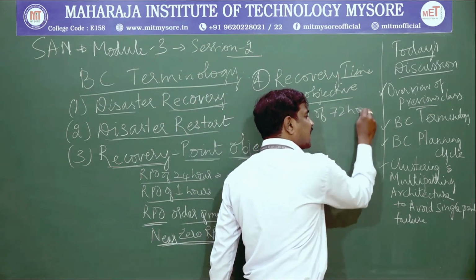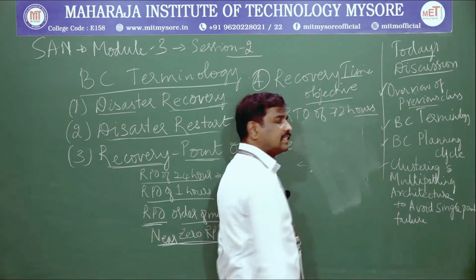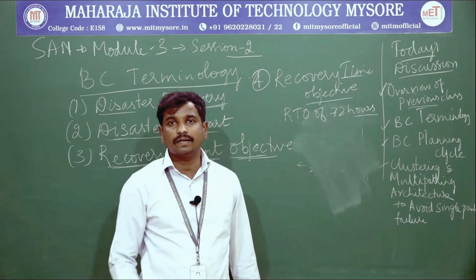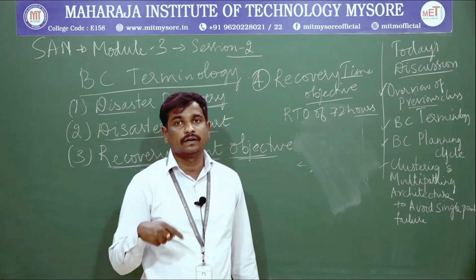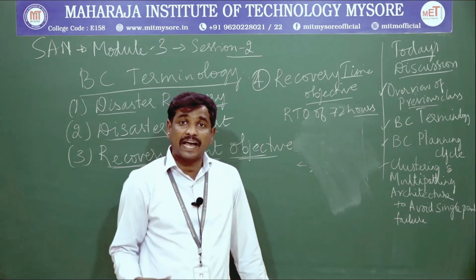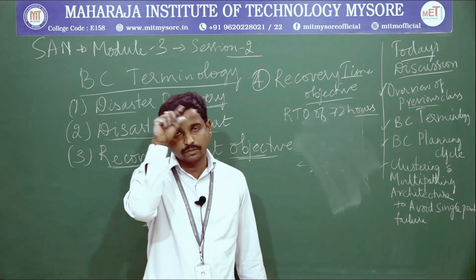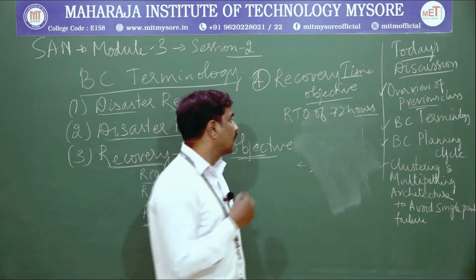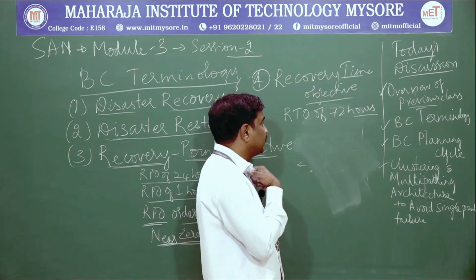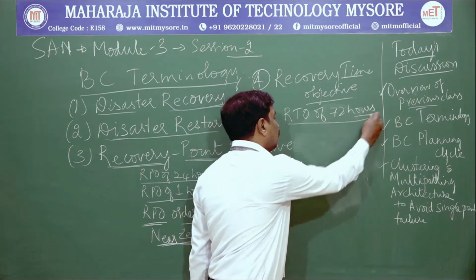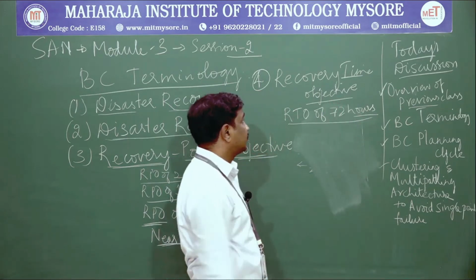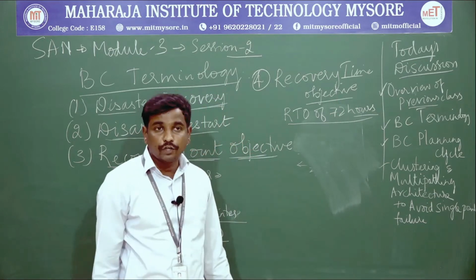These are the fixed standard strategies we follow to make our business continuity efficient. That is the planning of business continuity. We give services to the host machines with such business continuity planning. So we use a concept called a recovery time objective of 72 hours.